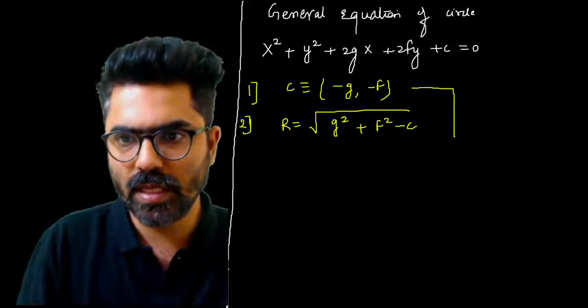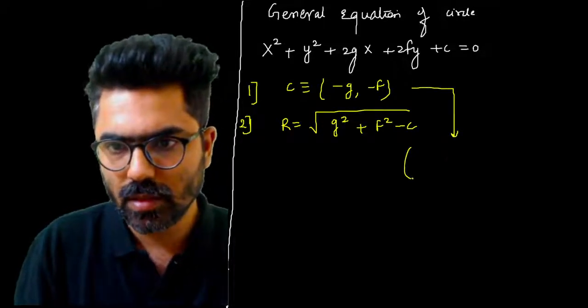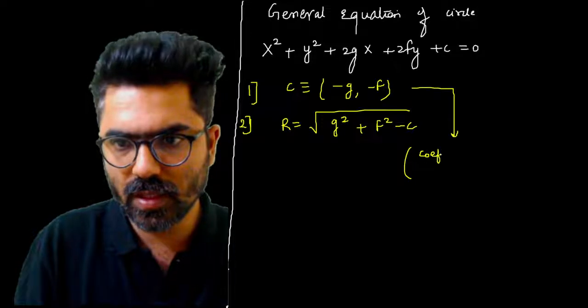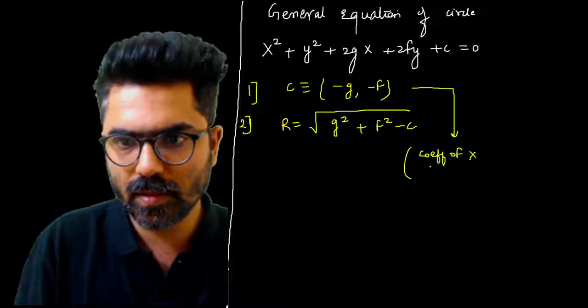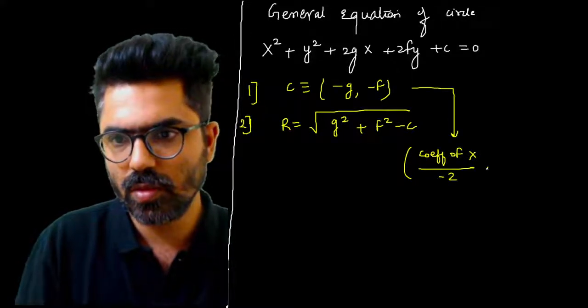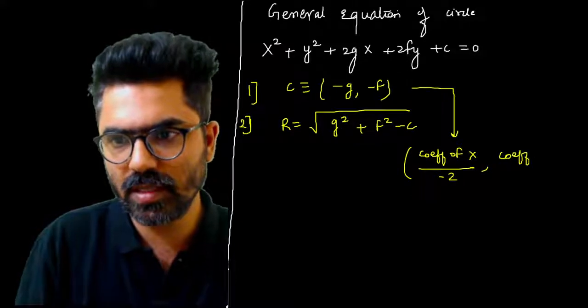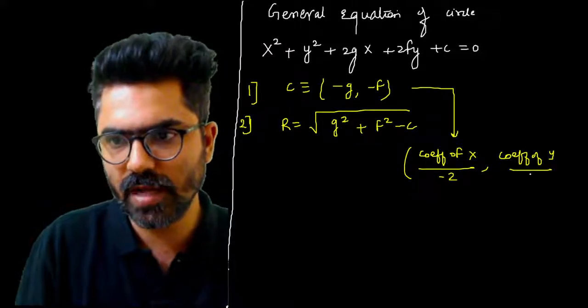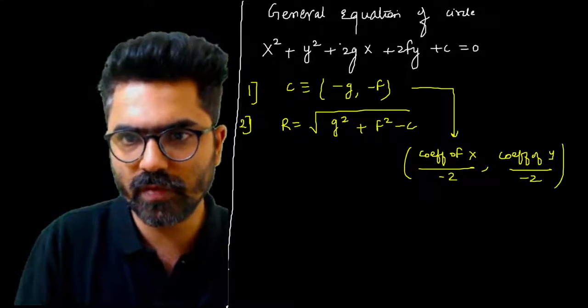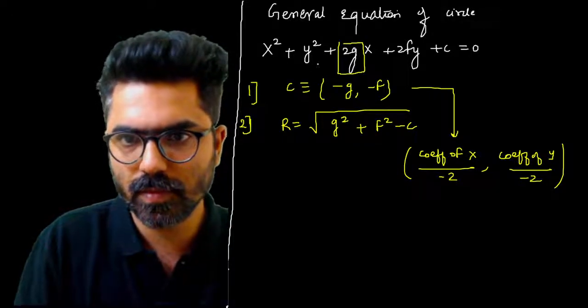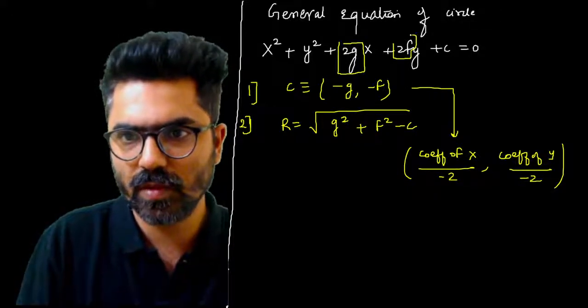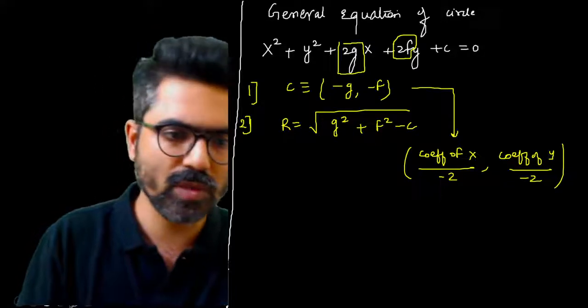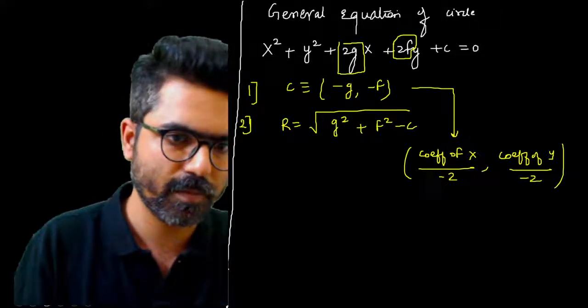To remember this center, you can also remember it like this. Whatever the coefficient of x is, divide that by minus 2. Whatever the coefficient of y is, divide that by minus 2. So the coefficient of x is 2g, the coefficient of y is 2f. So 2g upon minus 2 and 2f upon minus 2.